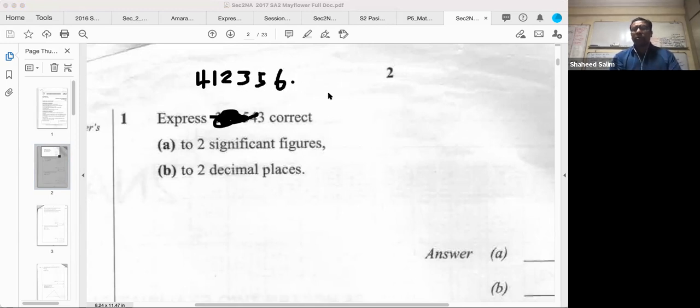Can you correct this to two significant figures? Well done. Okay, 1, 2, 3, 4, 1, 2, 3, 4. Good.